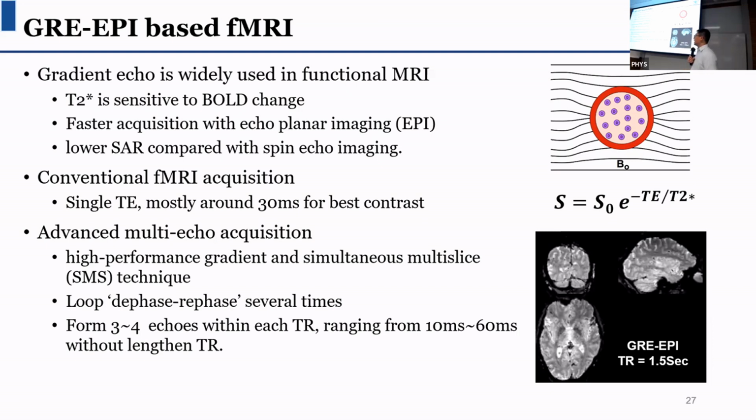With multiple TEs, it means you do the previous dephase and rephase again and again, as many times as possible, within a single TR. For example, you can do 3 or 4 echoes within each TR, where the TE for each echo ranges from around 10 milliseconds to 60 milliseconds. But you don't want to make your TR too long.